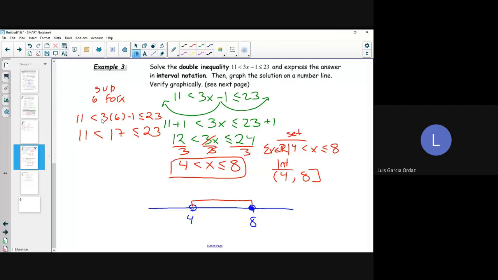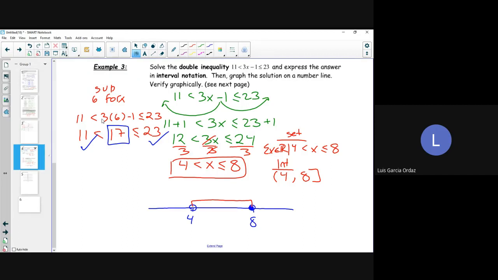So the number that involved 3x minus 1 was 17. Is 17 bigger than 11? Yes or no? So this is correct. And is 17 less than or equal to 23? That answer should also be yes, which means our interval in our solution is correct.